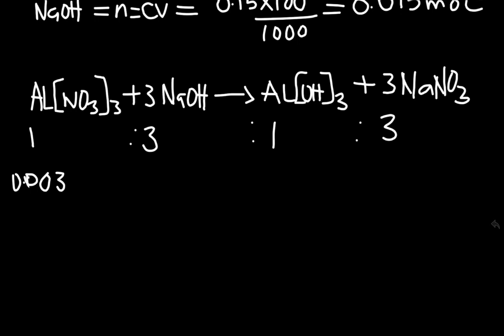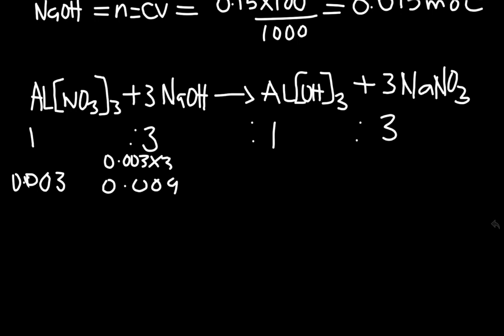Now what will be the equivalent of that for sodium hydroxide? You would say 0.003 times 3, and so you arrive at 0.009. So that of the sodium hydroxide is 0.009.